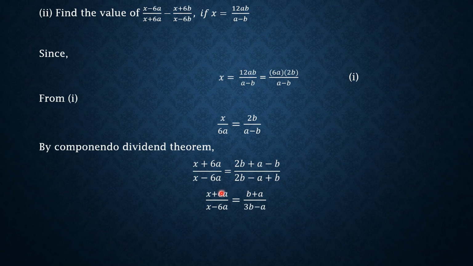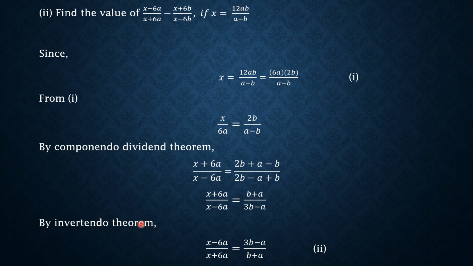Now simplify the right side of this fraction, that is 2b minus b will be equal to b plus a divided by 3b minus a, as 2b plus b equal to 3b. Now by invertendo theorem, why we apply invertendo theorem here?